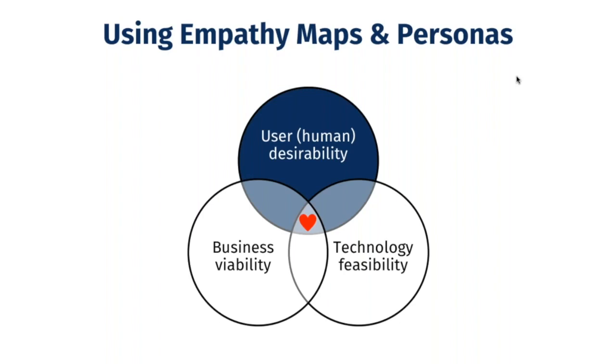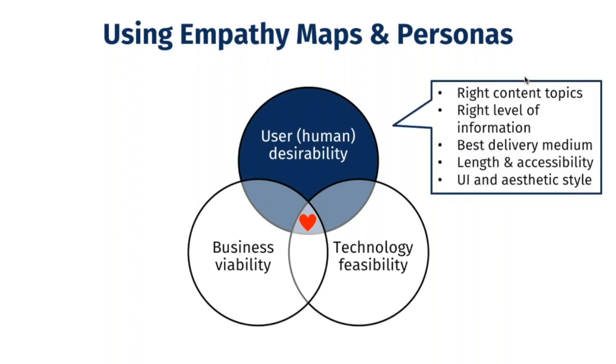So here are some ways that we can start to balance that out. With all of the information you collect from an empathy map and a persona, you can ensure that you've got the right topics written at the right level based on their education and experience, that they're delivered using the best format or medium. Like Tina, she's 90% of the time on her tablet.